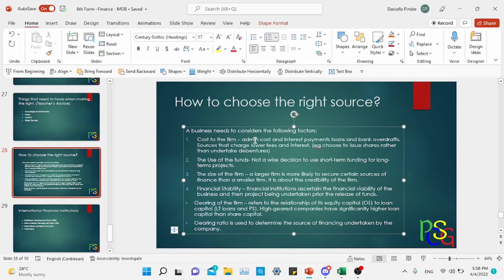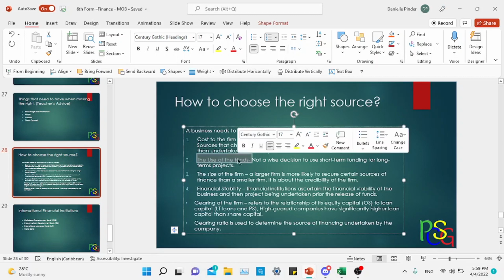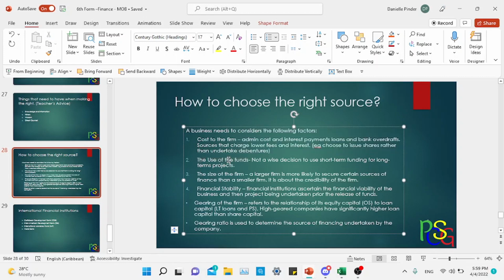Is it going to damage you in the short run, or is it going to help the business grow in the future? Right, and then the use of funds. As we said before, we have to be very honest with how we use our finances. We have to be very wise as well, not to use our finances irregularly.